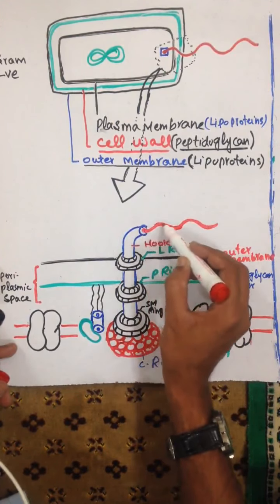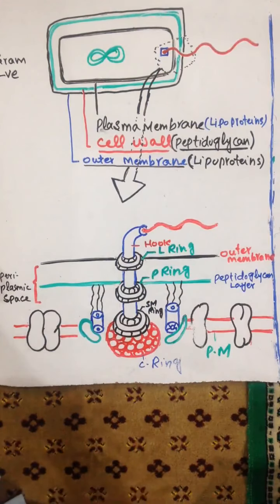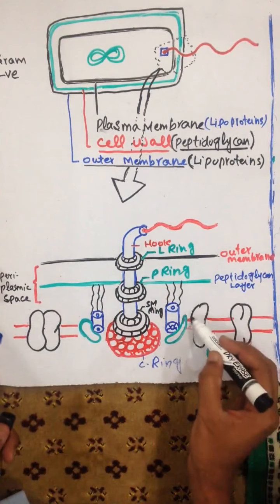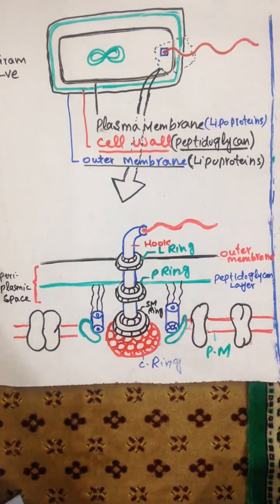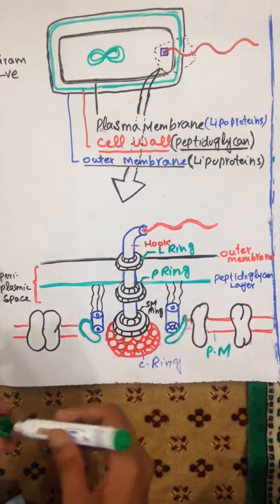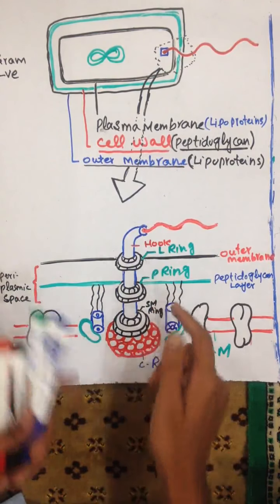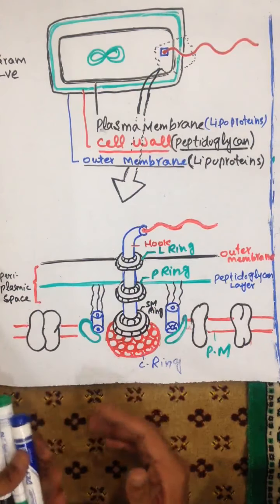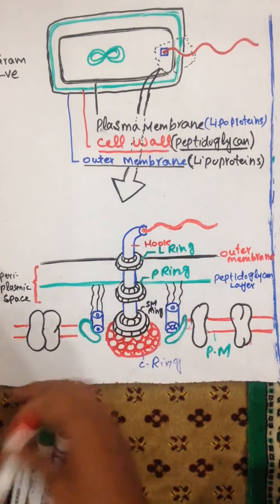This is the C ring, and what about these components and all that material? I will discuss it in the next video clip.